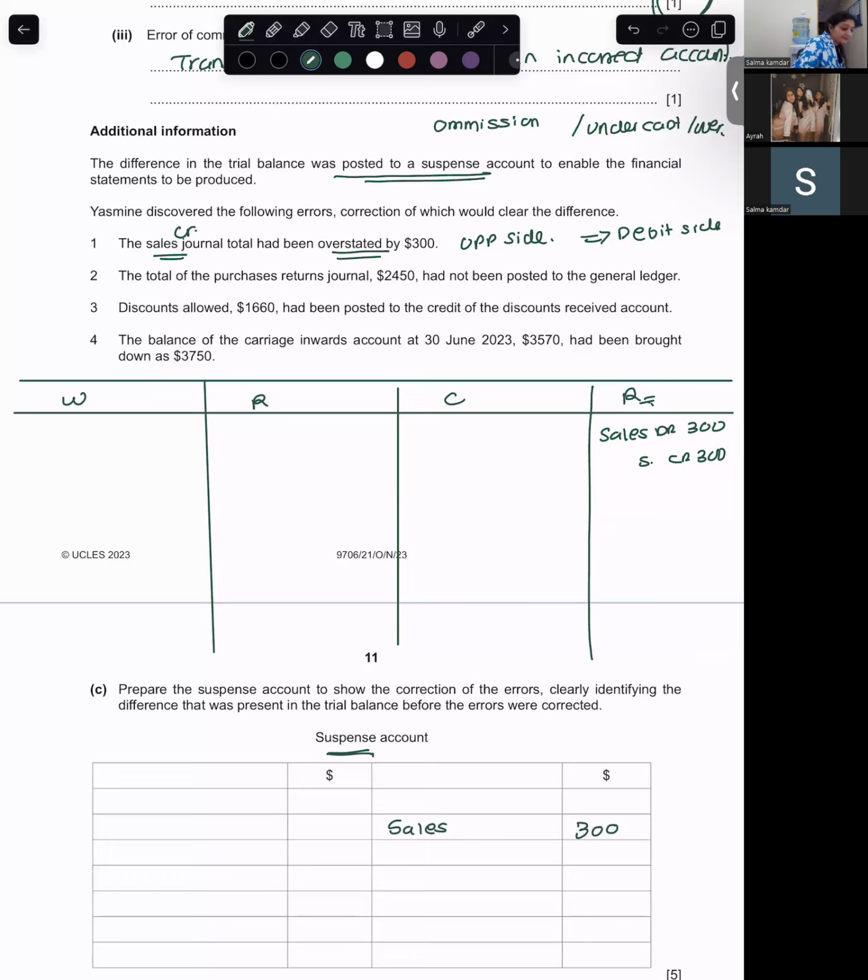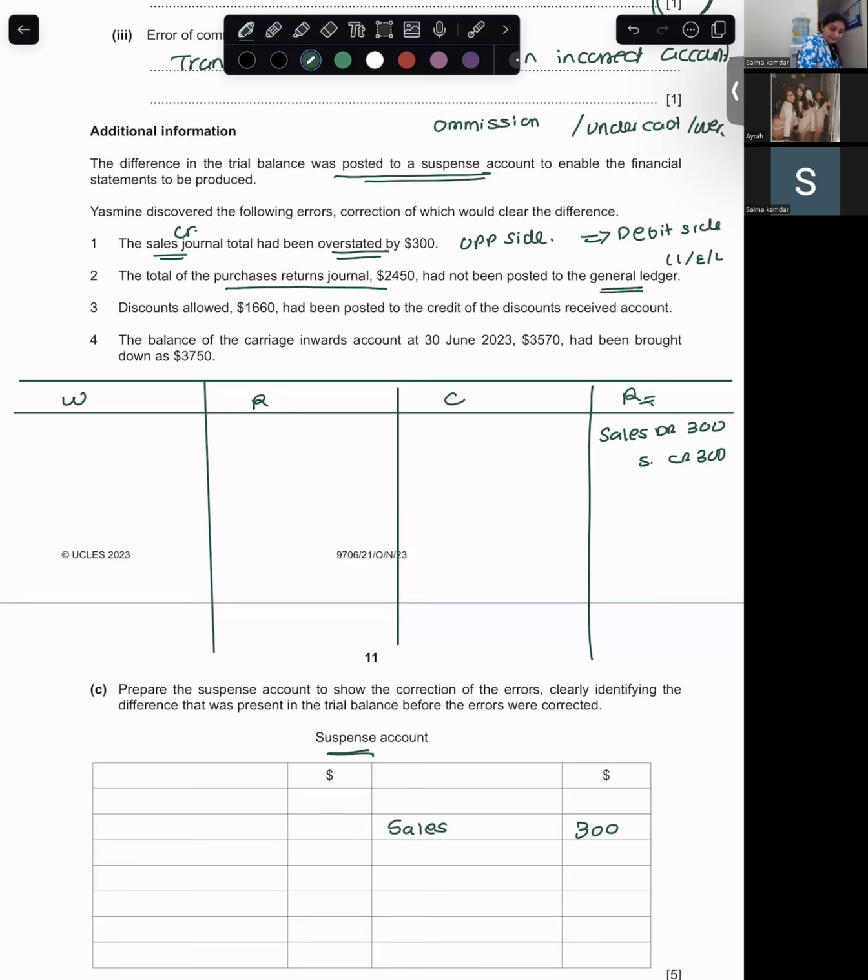Read the next one. The total of the purchases return journal, 2450, had not been posted to the general ledger. The general ledger, what do you have? The general ledger is where you have your sales return, bad debts and everything. Here you have your income, expenses, losses and all. So the purchase return total had not been posted to the purchase return account.